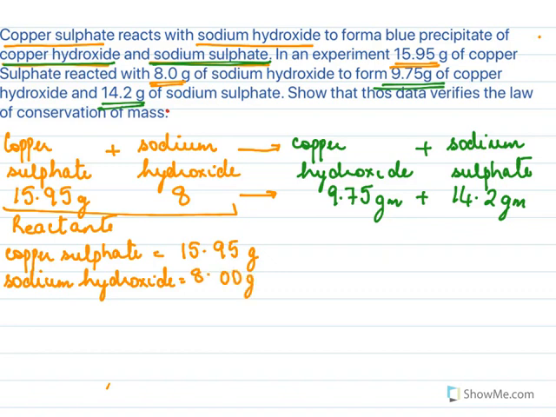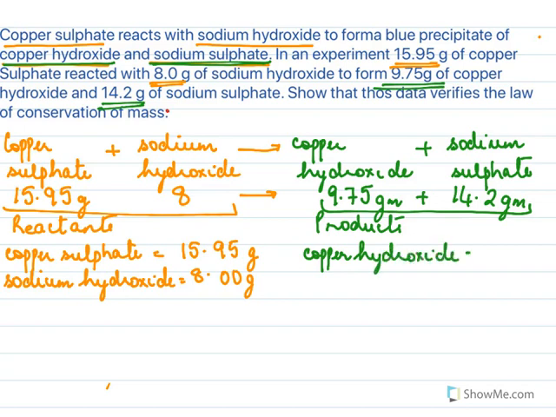Now we are done with the reactants. Now the products. These are the products. Two products: copper hydroxide, which is 9.75, and sodium sulfate, 14.20.